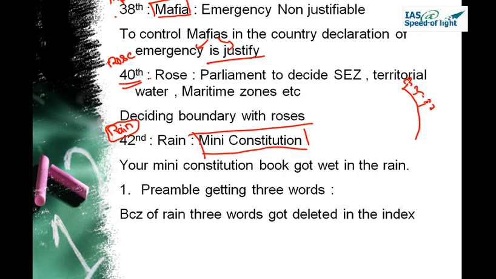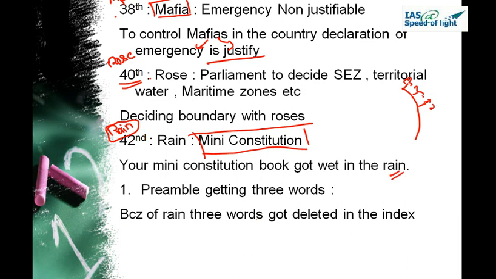So mini constitution, you took it out in the rain. So rain, which is 42nd Amendment Act, is also known as the mini constitution. So your mini constitution book got wet in rain.